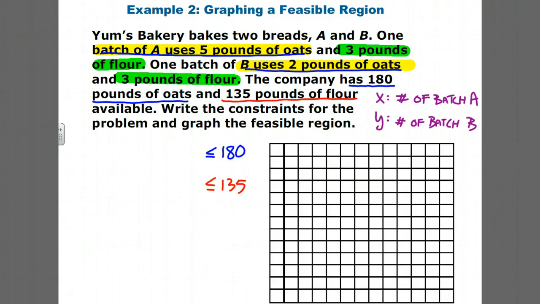Let's write an oat restriction expression. 5x plus 2y has to be less than or equal to 180. So you use 5 pounds for every batch A plus 2 pounds for every batch B, and together, depending on how many batches you make, that has to be less than or equal to 180.